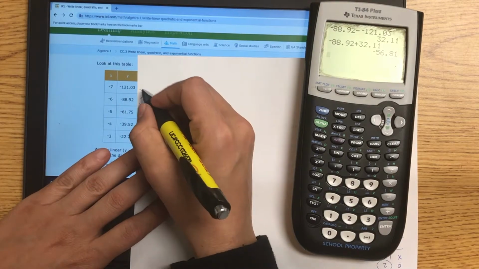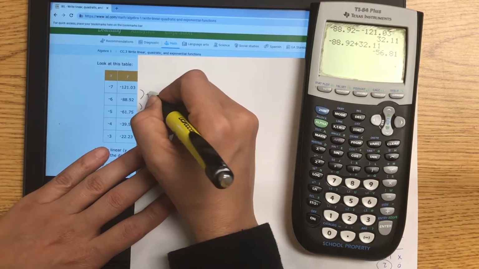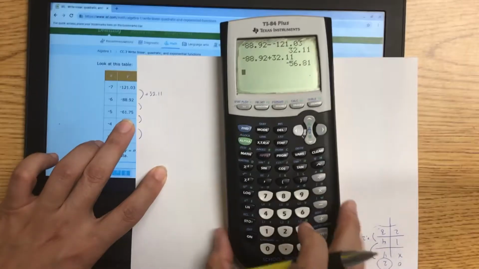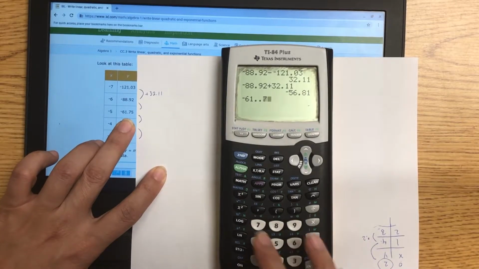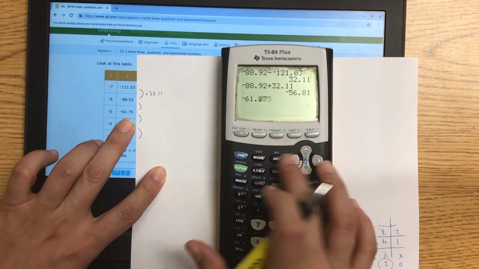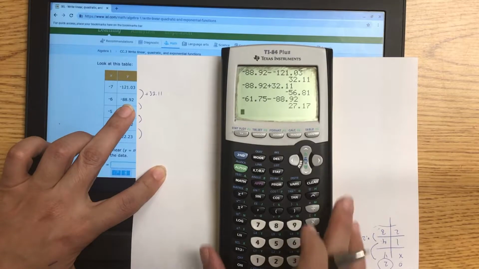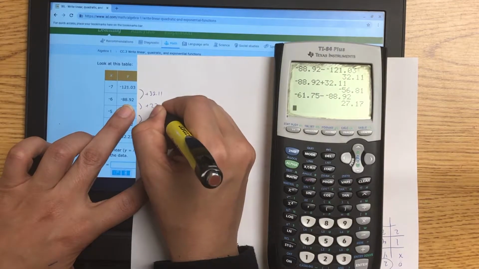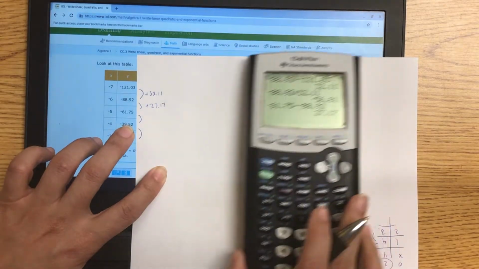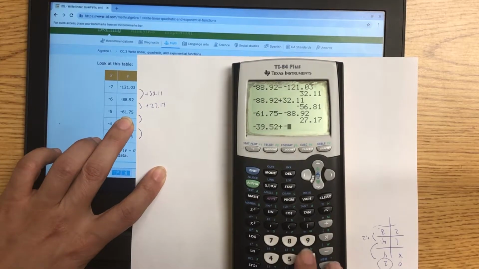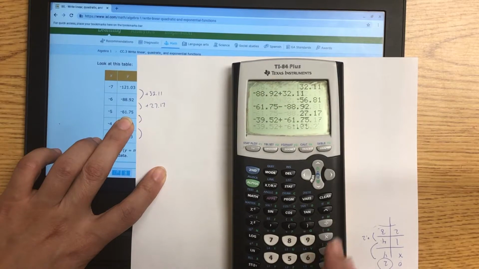All right, so that first change was what? 32.11. The next one is going to be negative 61.75 minus negative 88.92, so that's going to be plus 27.17. Next one is going to be negative 39.52 minus negative 61.75.